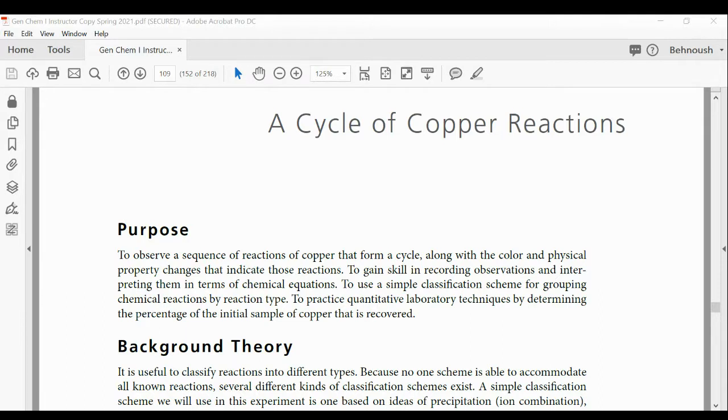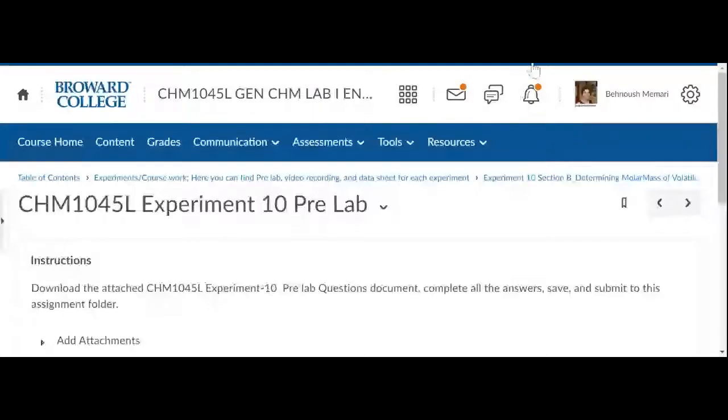Do you see the folder and you don't see the attachment, or you don't see the folder at all? Okay, if you see the folder, then it's different.